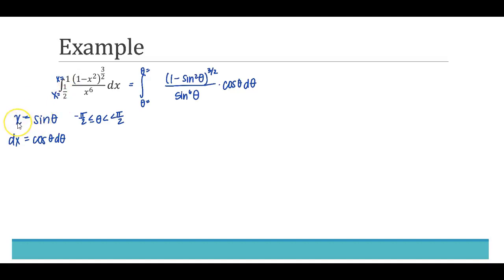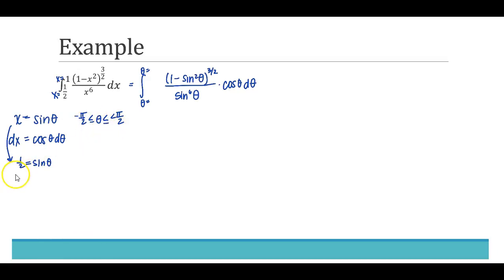So if I replace x with 1/2, going ahead and moving this down here, 1/2 is equal to sine theta. Well, then what I can do is recognize this does have infinitely many solutions, but we're on this restriction between negative pi over 2 to pi over 2.